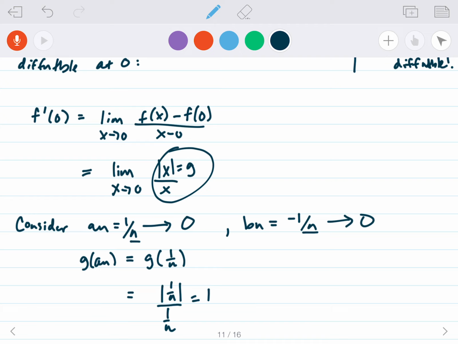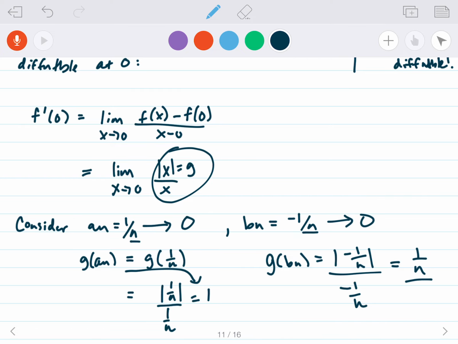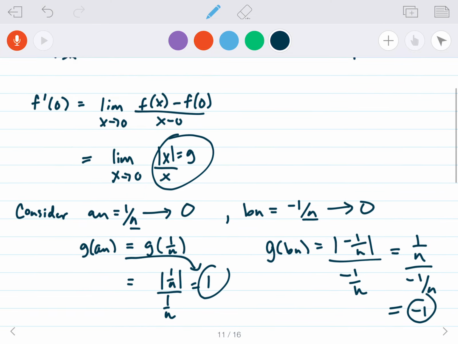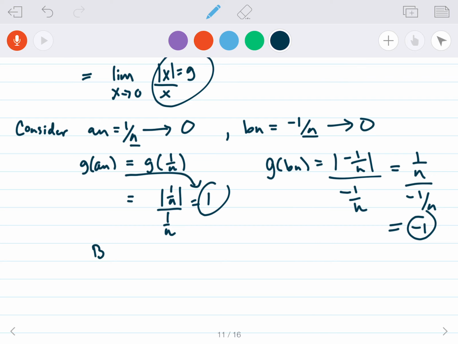So this sequence, g of a sub n, goes to 1. But on the other hand, g of b sub n is equal to absolute negative 1 over n over negative 1 over n. And this guy on top is positive, this guy on bottom is negative, and so this goes to negative 1.